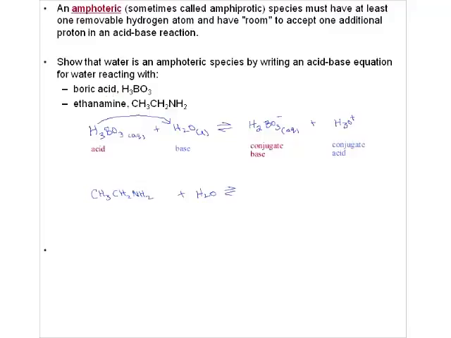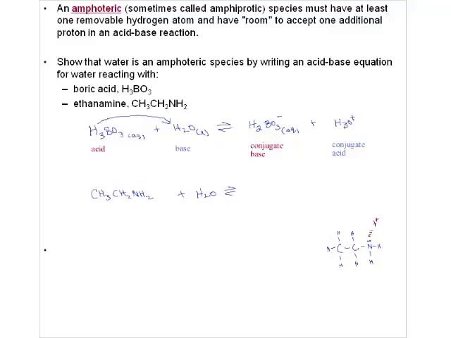Okay, here's another one, ethanamine. What have I done here? All right, the idea here is that the nitrogen lone pair on the NH2 is able to attract the hydrogen ion, and that's what makes it a base, because now it's able to attract the third hydrogen to be NH3+.